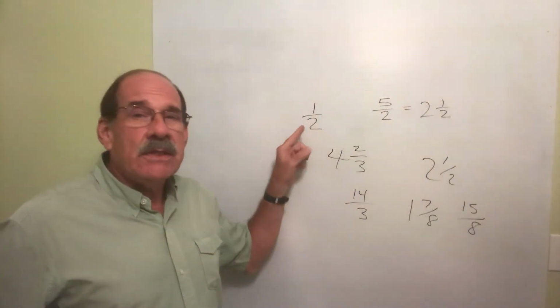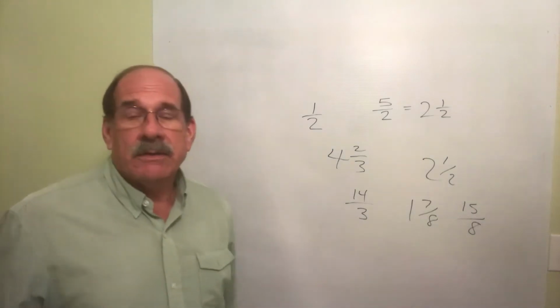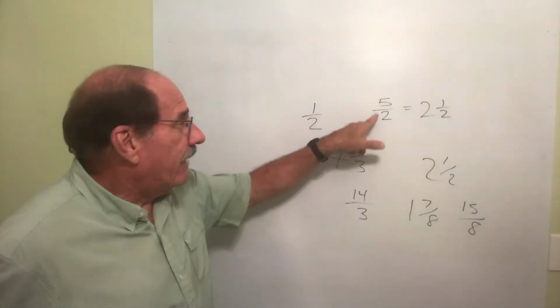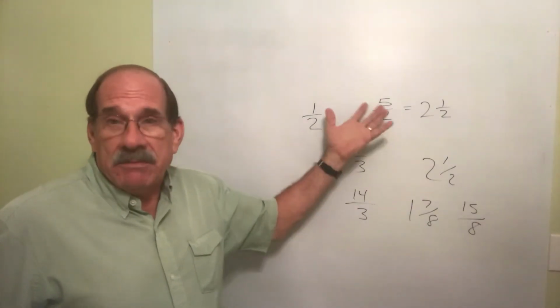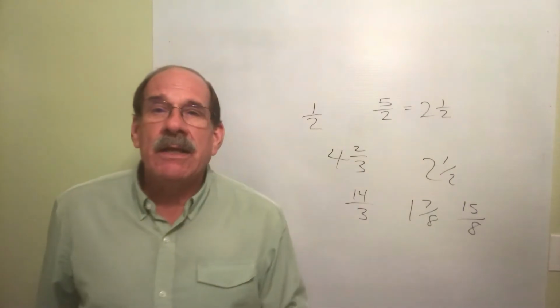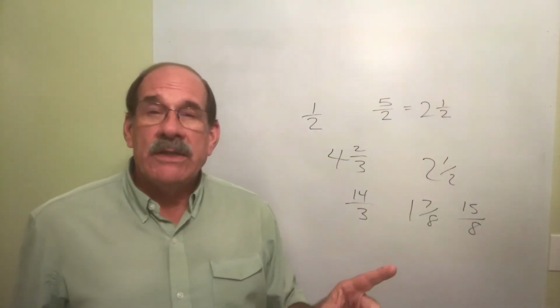In fact, we'll see later if you take your calculator, 1 divided by 2, that gets you a decimal number, but that's a division problem. 5/2, same thing, 5 divided by 2. That's 15 divided by 8. So every fraction is a division problem. Well, let's work it that way.